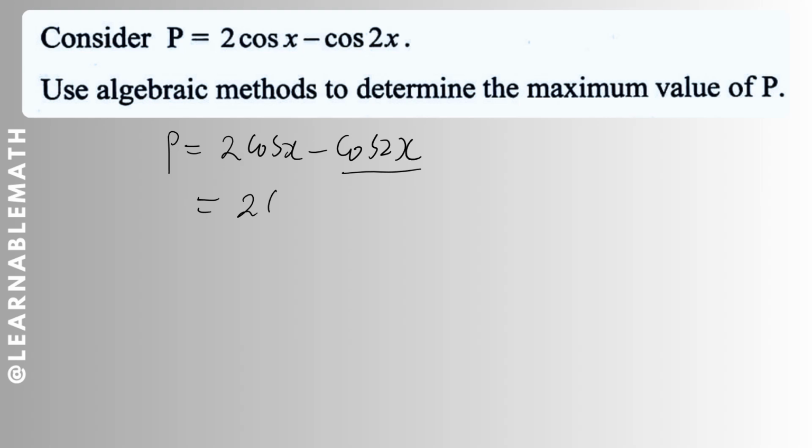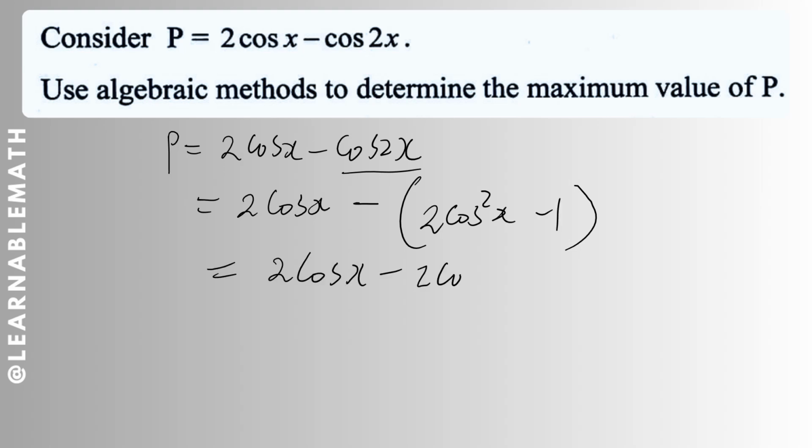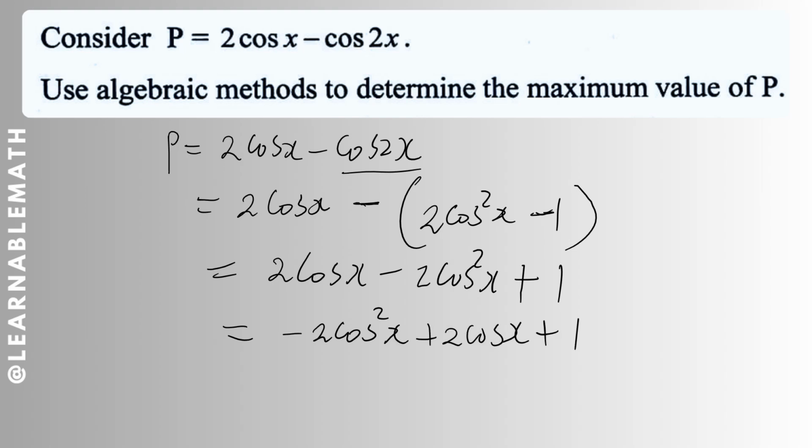So I'll say 2 cos x minus, we know that cos 2x is the same as 2 cos squared x minus 1. So we have 2 cos x minus 2 cos squared x, negative and negative will give us positive 1. If I rewrite this expression properly, starting with the highest degree: minus 2 cos squared x plus 2 cos x plus 1, right?